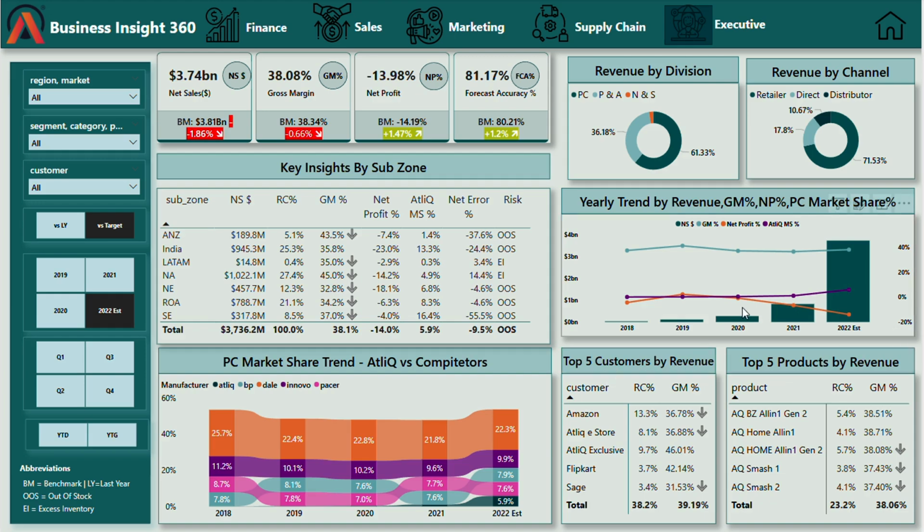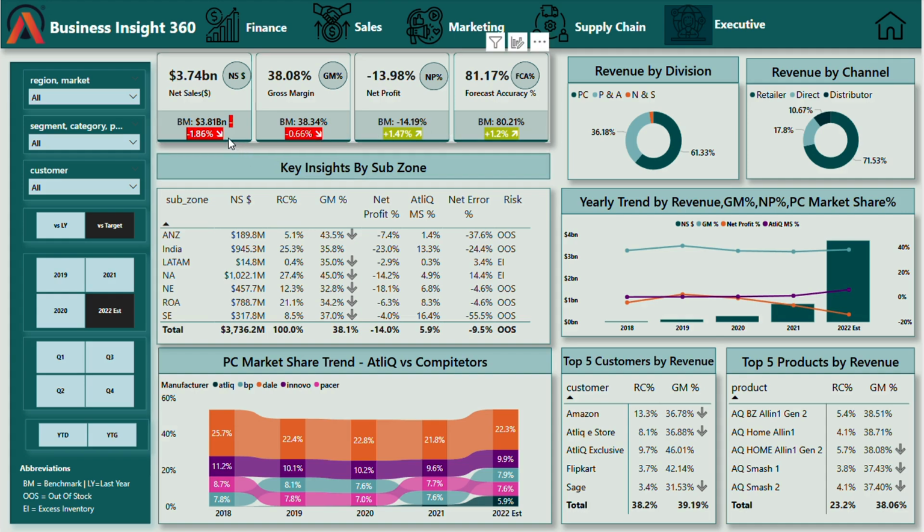And we have this chart that shows how the net sales, gross margin percent, net profit, and net profit percent are doing along with the AtliQ market share. And we have all the main cards described here.